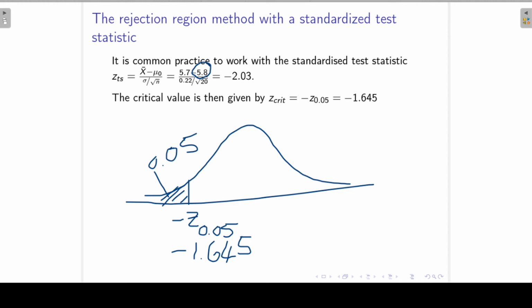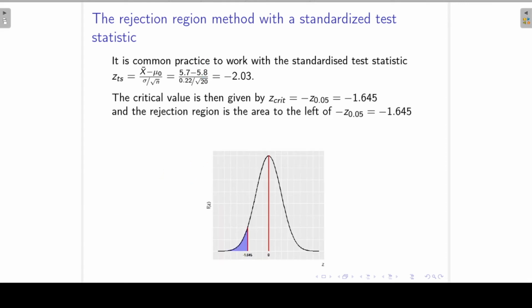So now my rejection region will be everything to the left of minus 1.645. So that is then illustrated here on this graph. My rejection region is everything to the left of minus 1.645. Because we are working with a level of significance, alpha, of 5%, that blue area is equal to 0.05.